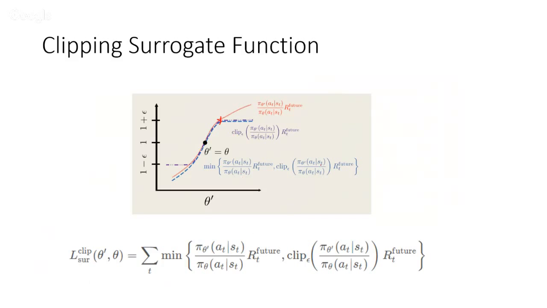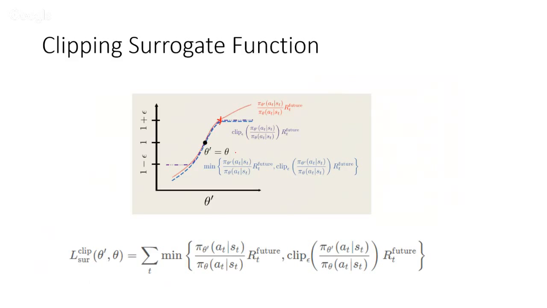And we use minimum because at first your actual surrogate function's value might be less than this, so we use the minimum of these two, and then we keep improving.